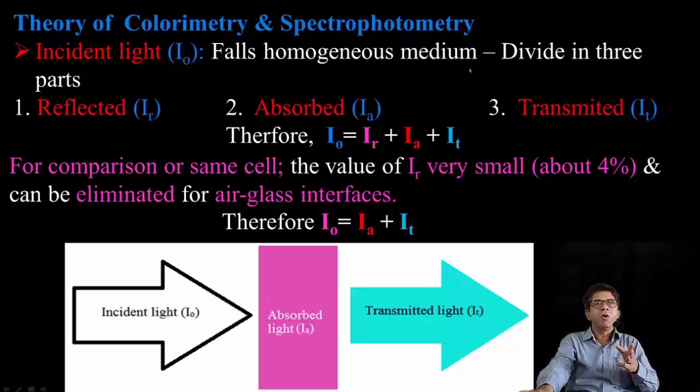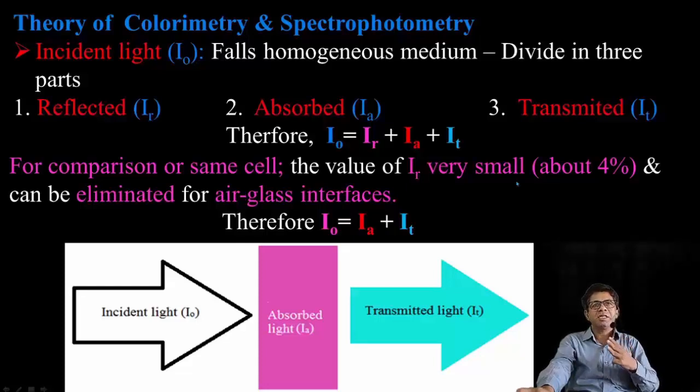If I0 is the intensity of incident light and IR, IA and IT are the intensities of reflected, absorbed and transmitted light respectively, then we can write the equation I0 is equal to IR plus IA plus IT.